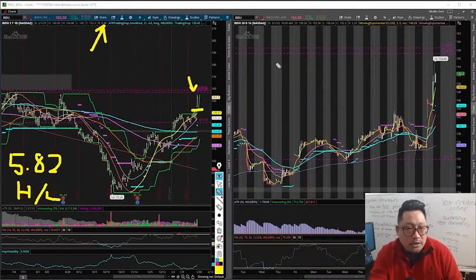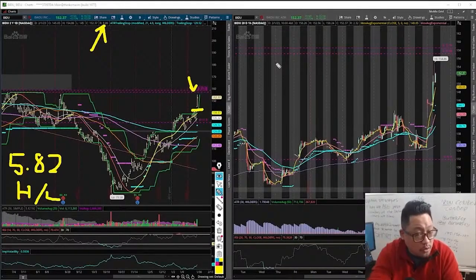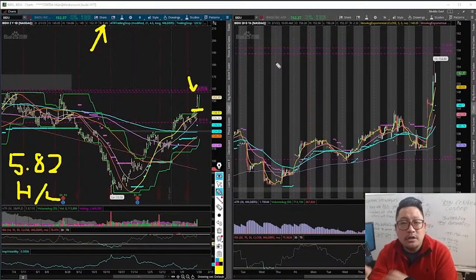Well, the ATR trailing stop in NVIDIA may have a lot more room than the ATR trailing stop in AMD. Again, both stocks are very much the same. They're in the same sector. They're the same type of business, but the difference is one moves much greater than the other, meaning the volatility in one is much bigger than the other. And because of that, you cannot utilize the same trailing stop.